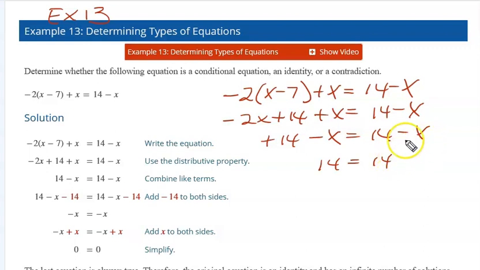Yes. So therefore, no matter what value you put for x on both sides, it's always going to be true. This is an identity.